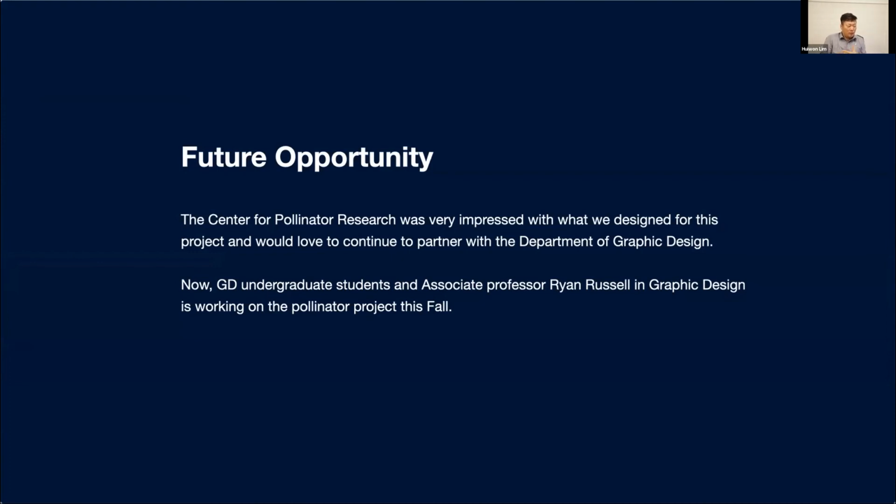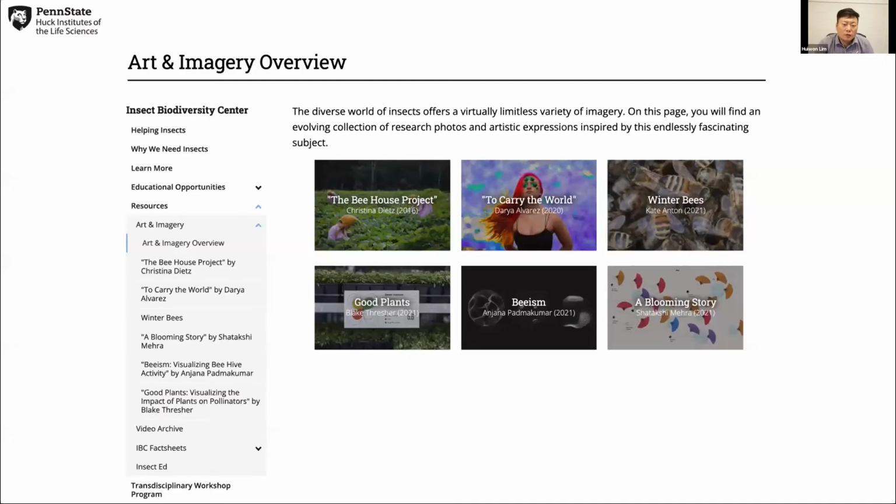So we will keep the partnership with the Center for Pollinator Research. And also, if you go to the website they have, then you can see our project we did, and also the previous project some of the undergraduate students did before with the fund. So they have two funding opportunities, for undergraduate students as well as for graduate students.